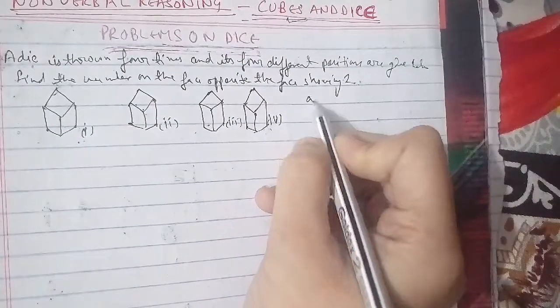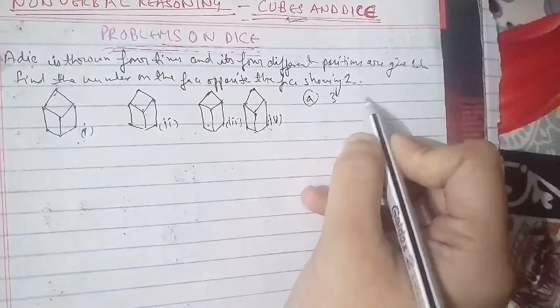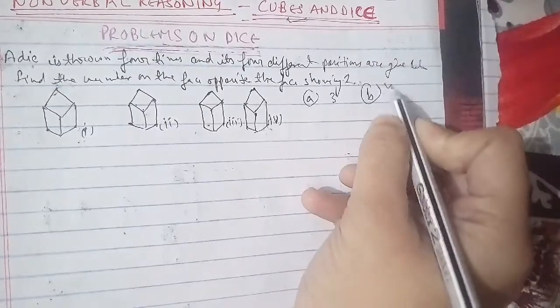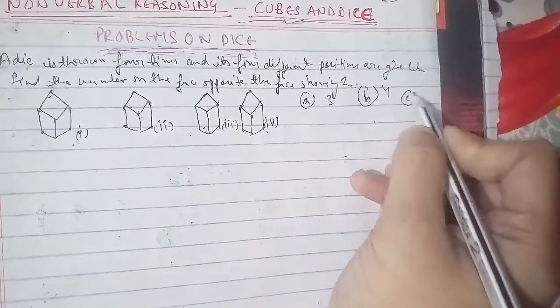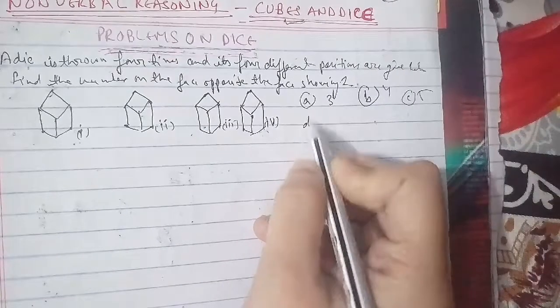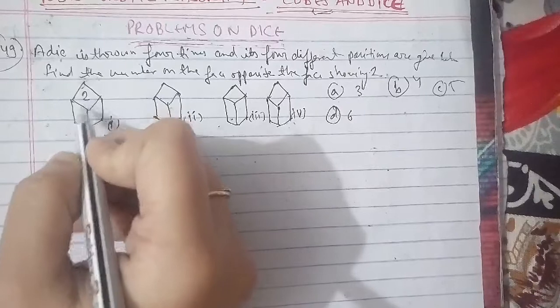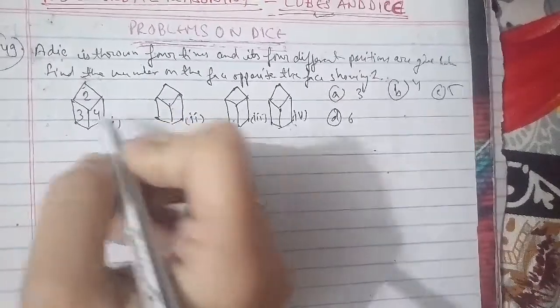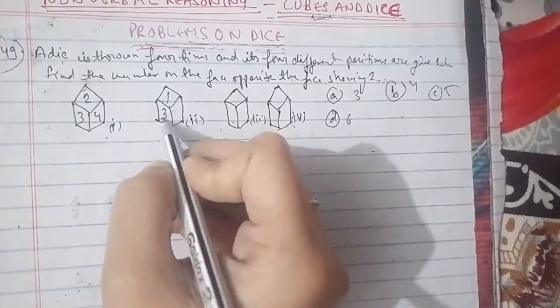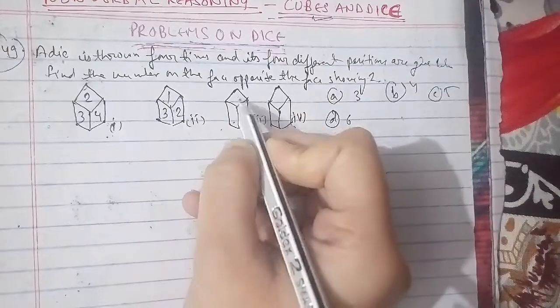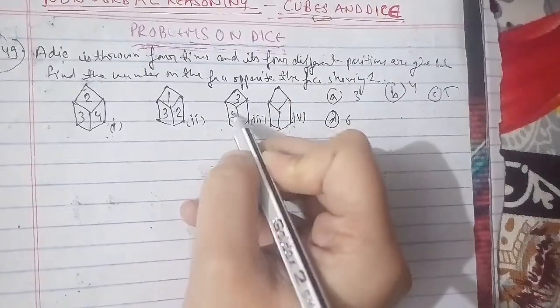The options for the same are 3, 4, 5 and 6. The numbers have been written as 2, 3, 4, 1, 3, 2, 3, 5, 4, 6, 2, 4.